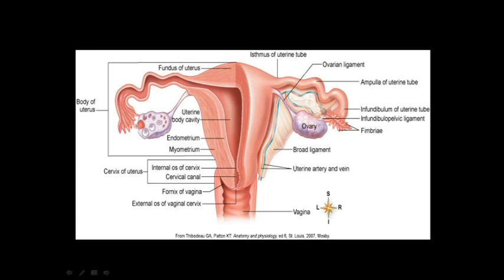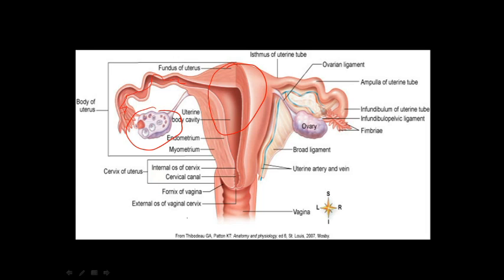So that brings us to the female reproductive system. Notice that you have ovaries here, and then we have the fallopian tubes running into the uterus, which is this area here.